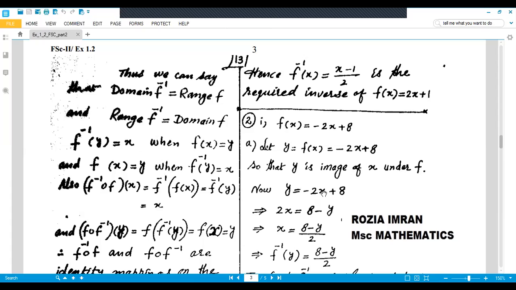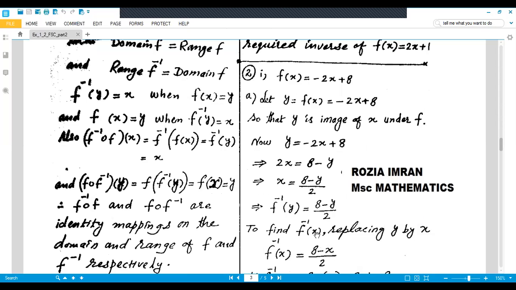Here minus 2x, when shifted to the other side, will be positive 2x, and y is positive, so when shifted to the other side it will be negative. 2 multiplied with x, when shifted to the other side, will be divided. So f inverse y is equal to 8 minus y divided by 2.